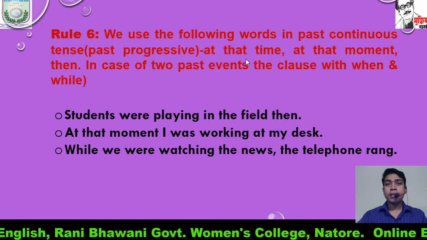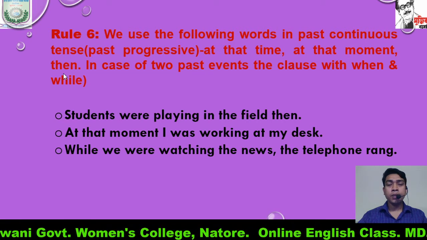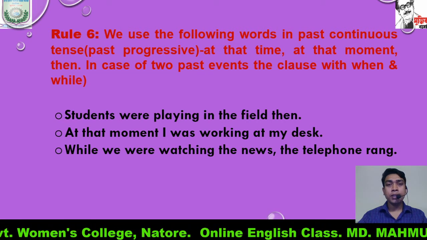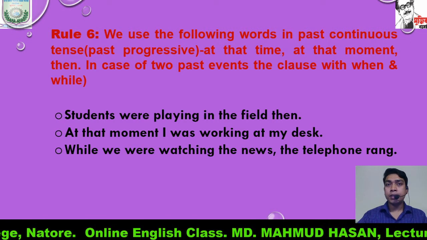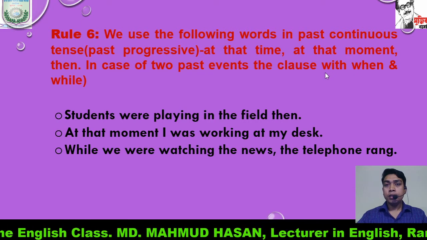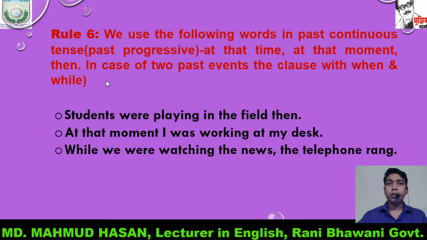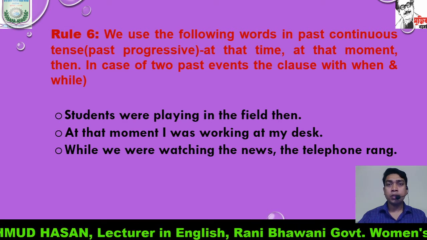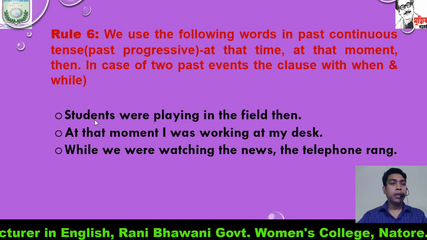So at that time, at that moment, then, these are some of the indicators of past continuous. At the same time, if two past events are simultaneously progressing, the clause with when and while will start with past continuous form. Examples will make you clear.